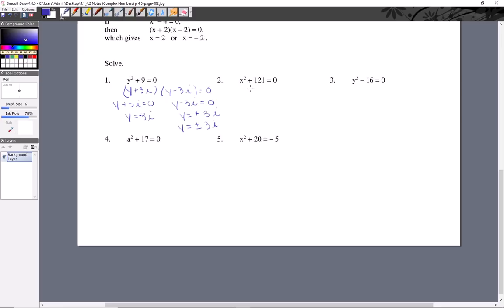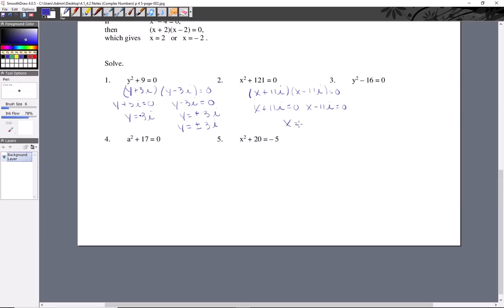Same thing over here. x plus 11i times x minus 11i, get that right, equals 0. And without going through all of it, well, I guess we will. So x plus 11i equals 0, or x minus 11i equals 0.